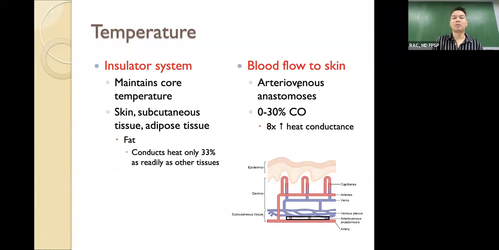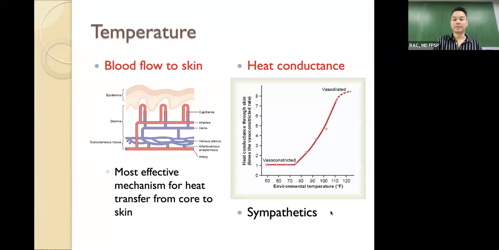The more important one would be the blood flow to the skin. So this is your arteriovenous anastomosis. If you will notice, since they are blood vessels, they have smooth muscles that will enable these blood vessels to dilate or constrict. So typically, if the environment is cold, then blood vessels will constrict.